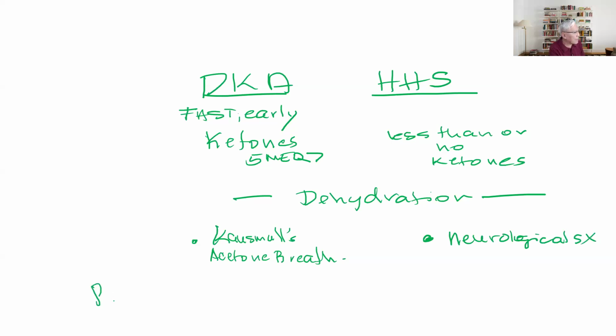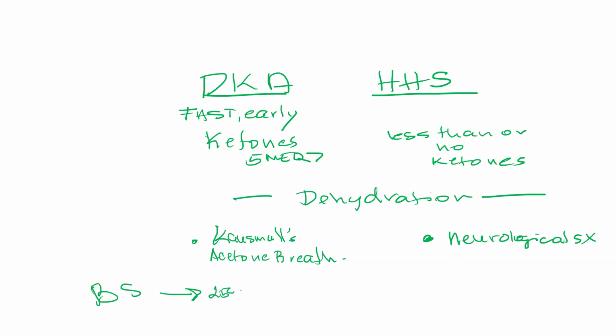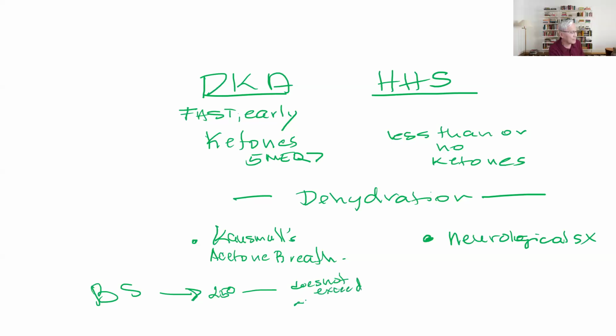All right. How about the blood sugar level in DKA? It has to be 250 or above, but usually does not exceed 350. 400 to 600, right? Over here, it exceeds 600.